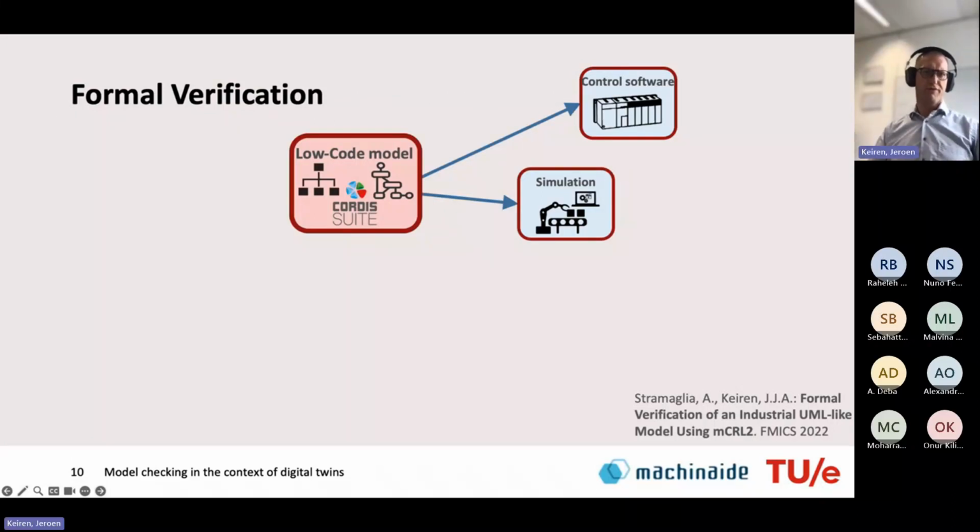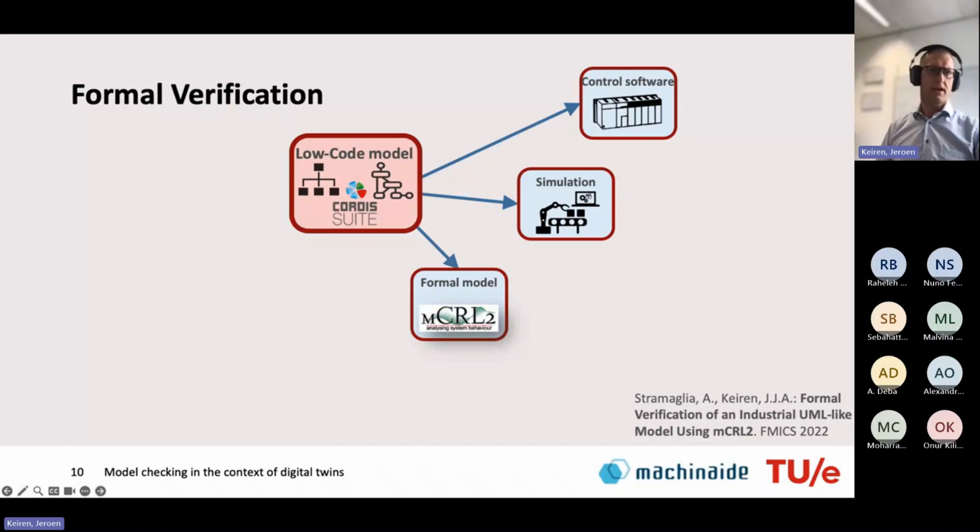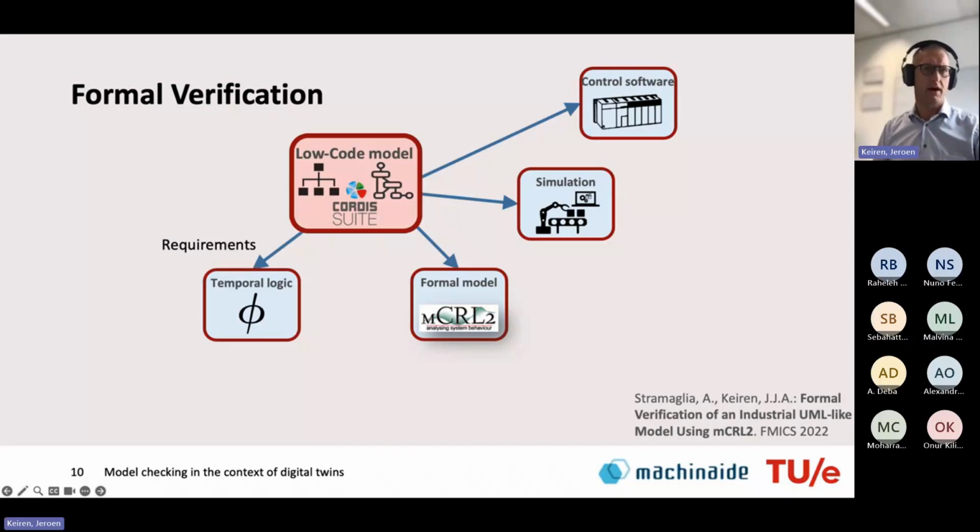As I said, we want to do formal verification of such models, and we take this low-code model that we could use to generate PLC code and deploy to the machine, or that we could simulate. Instead, we now take that low-code model and generate a formal model using the mCRL2 process algebra. And requirements in this setting are translated to temporal logic.